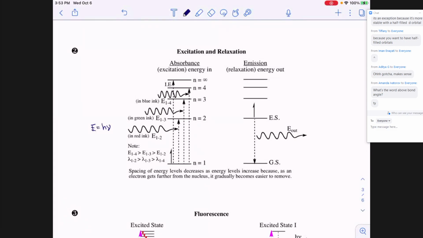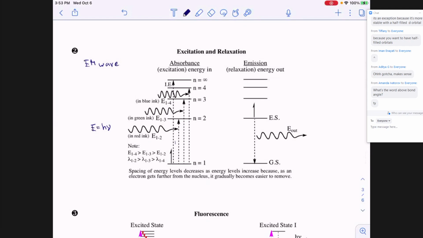So this is some electromagnetic wave. It could be microwave, radio wave, visible light, UV, X-rays, all that stuff. It's some energy from an electromagnetic wave. Depending on how much energy is associated with it, it can get the electron to jump up to varying different energy levels. And it actually goes into all those little suborbital levels that we talked about.